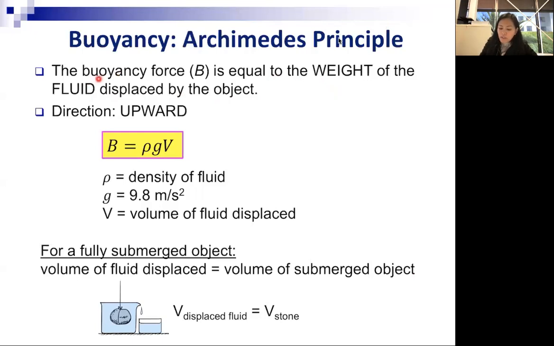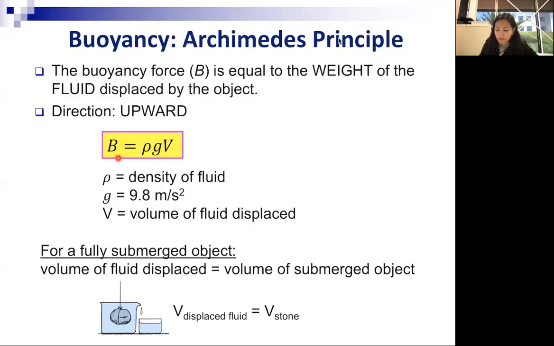Archimedes' principle says that the buoyancy force is equal to the weight of the fluid displaced by the object. And it's this relationship that allows us to calculate how much the buoyancy force is.